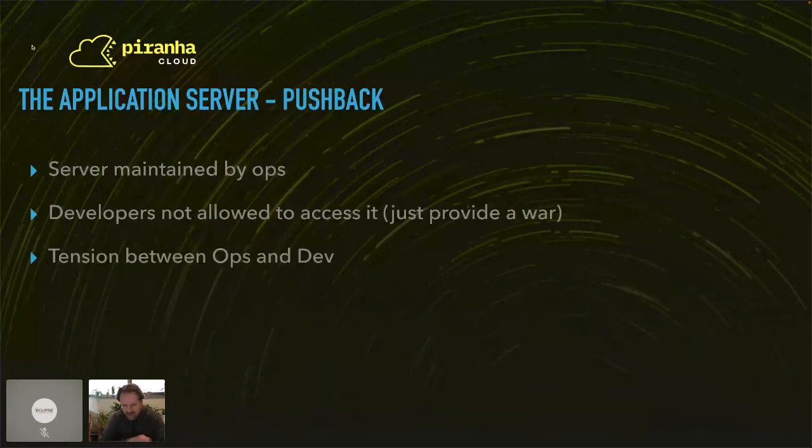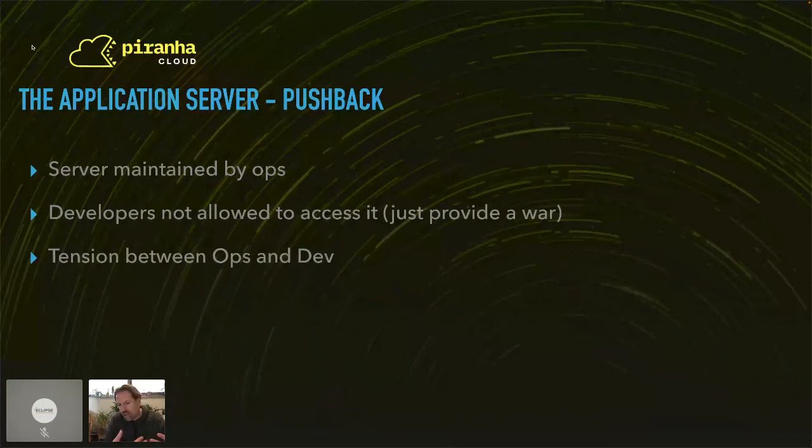So as I think many people know, there's been pushback against the application server concept. One of the things that's most visible there is that an application server, partially by the simple fact of it being called a server, is maintained by ops at many organizations that use this or still do.